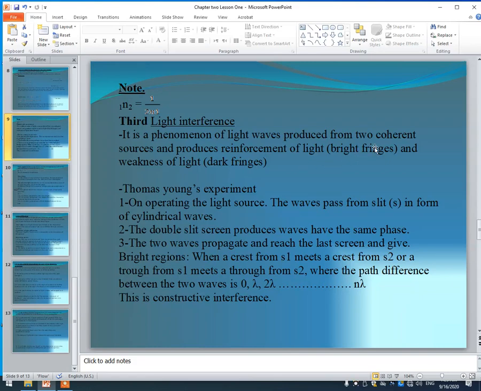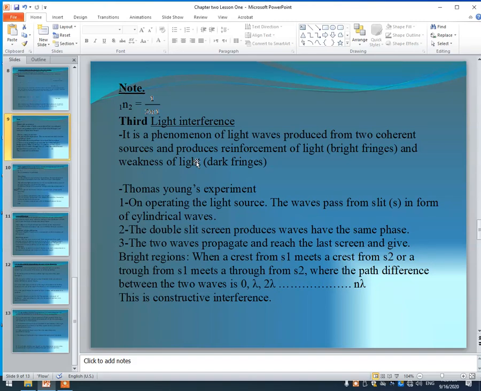The bright areas are called bright fringes, and the dark areas are called dark fringes. The bright fringes are called bright because they cause reinforcement of light, and the dark fringes are called dark because they cause weakness of light.